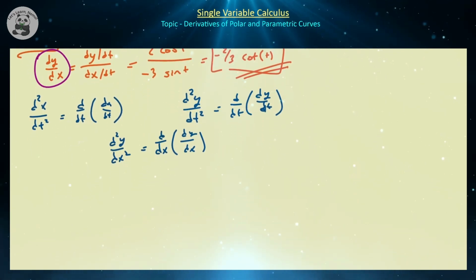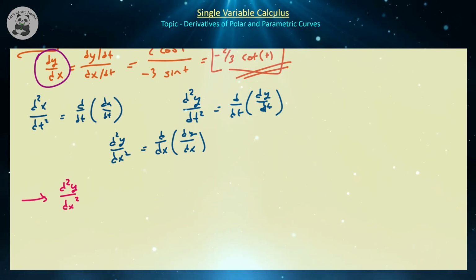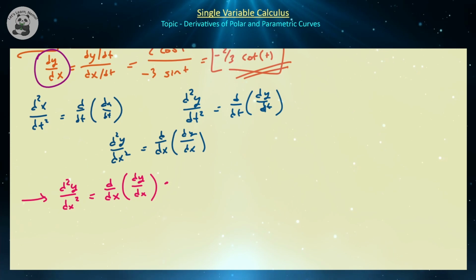So if we look at d²y/dx², which as we've already argued is the same as d/dx of dy/dx, we can multiply top and bottom of this expression by two differentials of t, because dt/dt is equal to 1, since the derivative of t with respect to time is equal to 1.